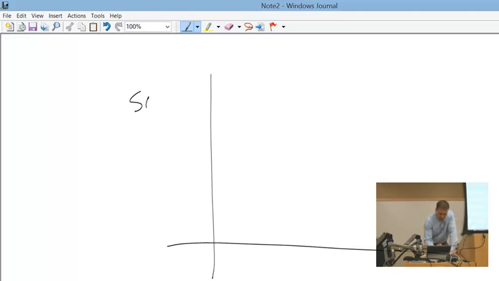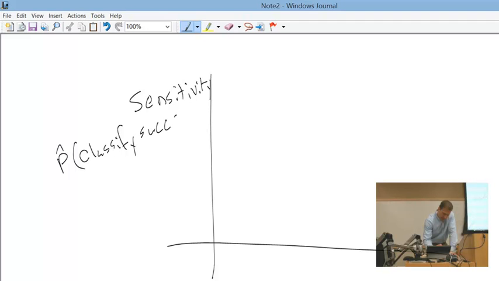We have the sensitivity of a classification method on the y-axis. And essentially what that is, is the estimated probability that you classify an observation as a success, given that it is actually, or truly, a success.